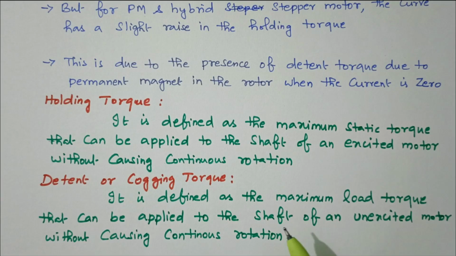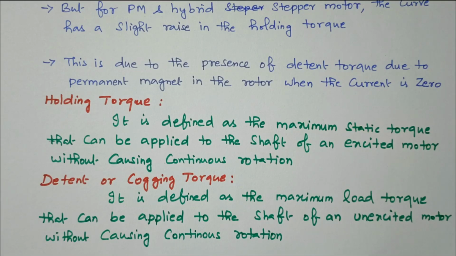So in this video, we discussed the static characteristics of a stepper motor, not running characteristics. There are two characteristics. The first is holding torque versus step angle. In that, the torque keeps on increasing and reaches the maximum value, at that point called the holding torque.